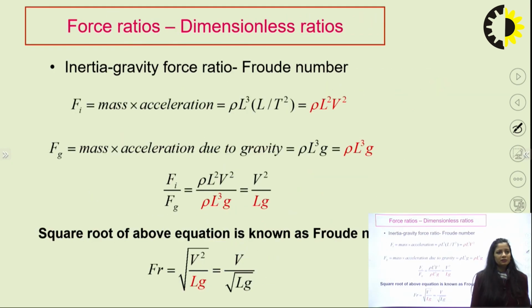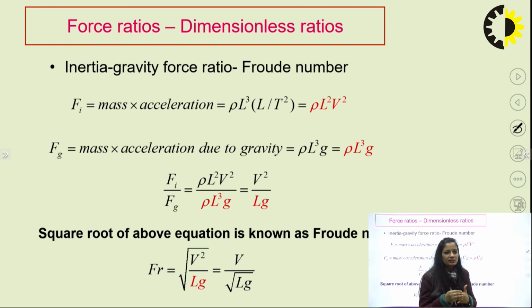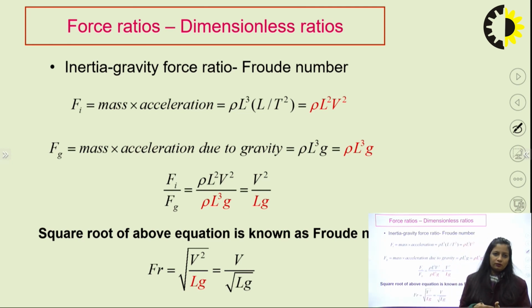Okay, the next dimensionless ratio we are going to talk about is Froude number. Now, what is Froude number? Froude number is again a ratio of two forces. Which kind of forces? Inertia force divided by gravity force this time.